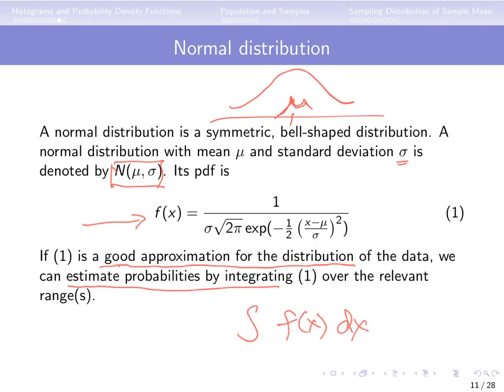Obviously we're not going to be doing the integrations, but we'll be using computer software to help us calculate all these integrations and probabilities. But that's the underlying idea with probability density functions, using the areas under the probability density functions to find proportions.